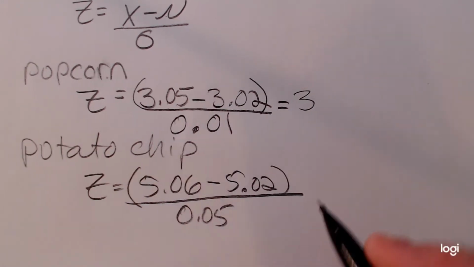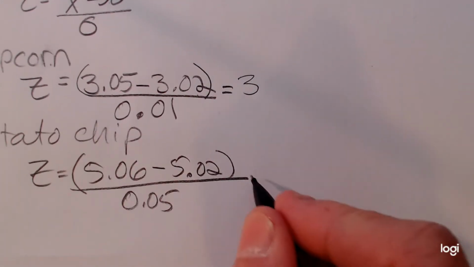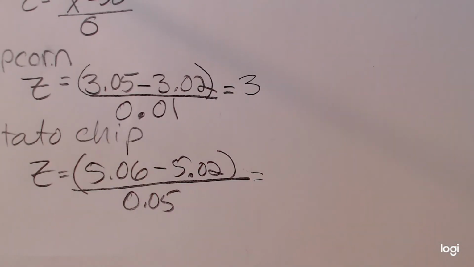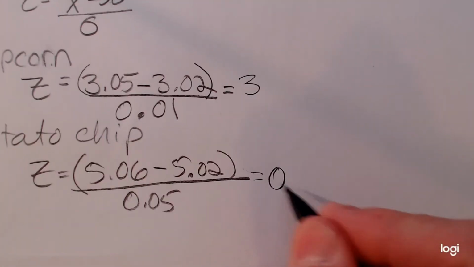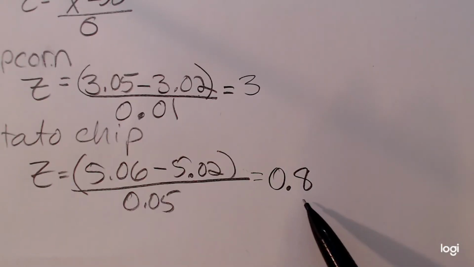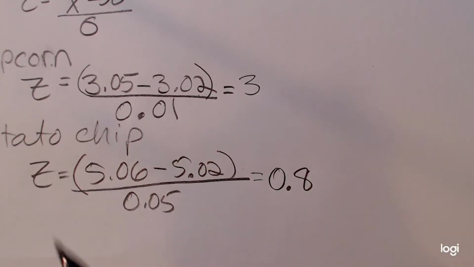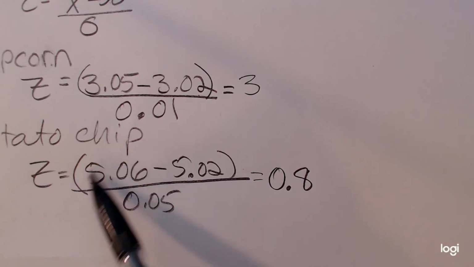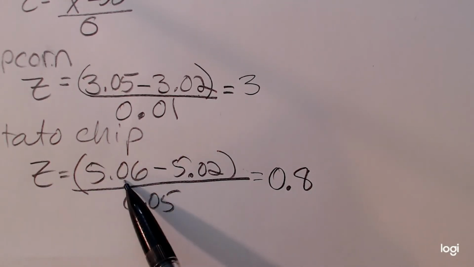Again, I'm using parentheses around my numerator expression. All right, so getting this into my calculator, we get a standard score of 0.8. We can call a standard score a z-score, and you can consider the x value or your observation the raw score.